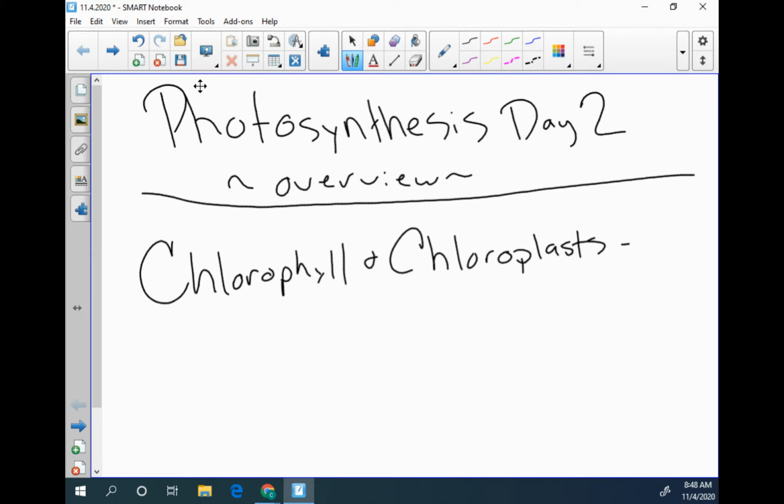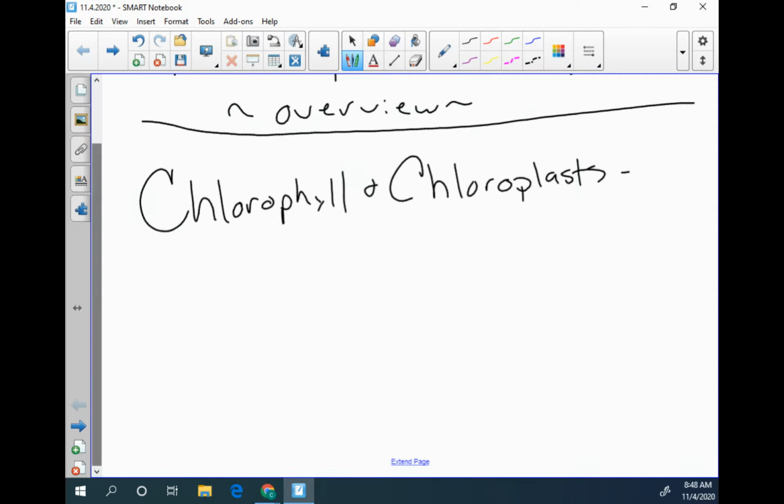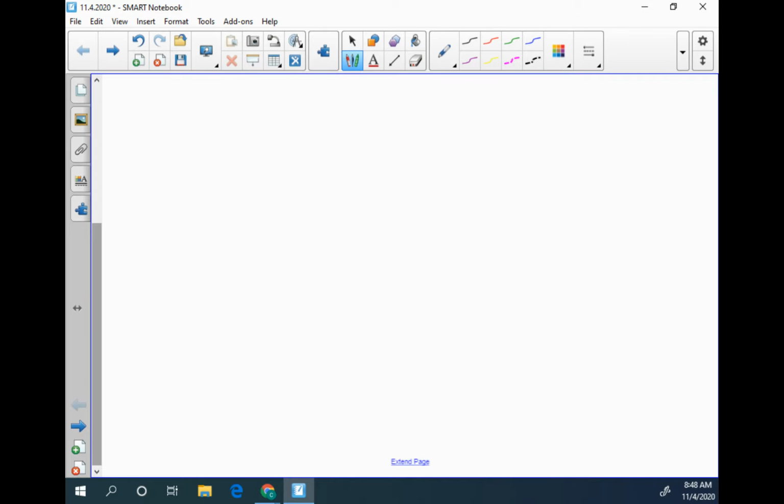If you remember from our discussion of cell organelles, our chloroplasts are the organelles that house all of the chlorophyll and all of the mechanisms that are required to carry out photosynthesis.